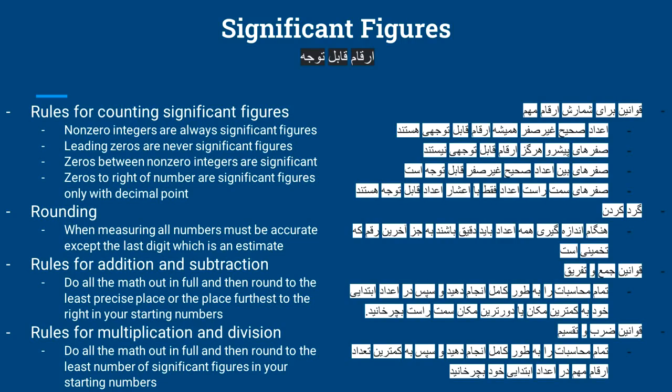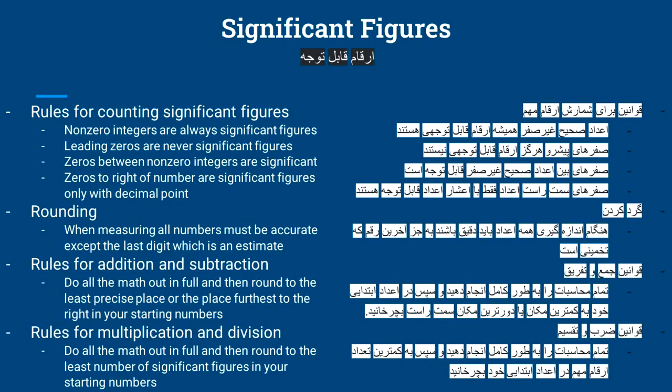You always want to go back to your starting numbers when you're rounding at the end of doing math. So let's say you have the numbers 12.5 and 10, and you're adding them together. 12.5 plus 10 is going to get you 22.5. Now we have to make sure that that is the right number of significant figures.